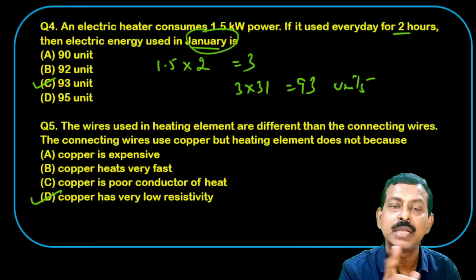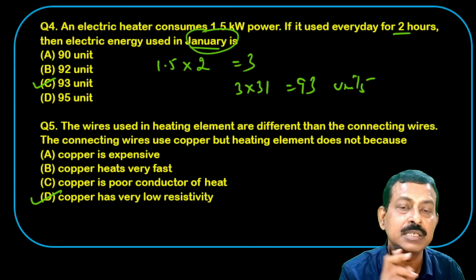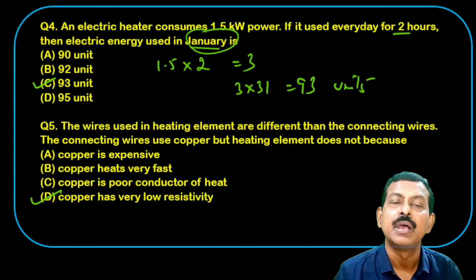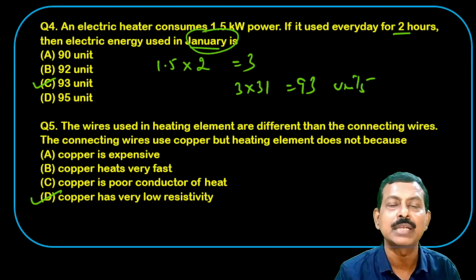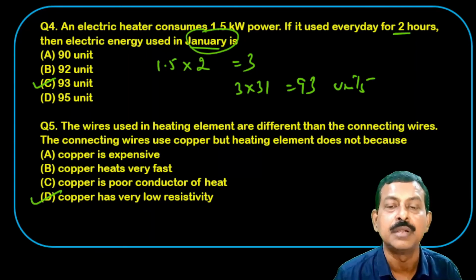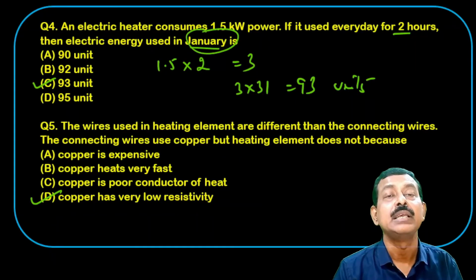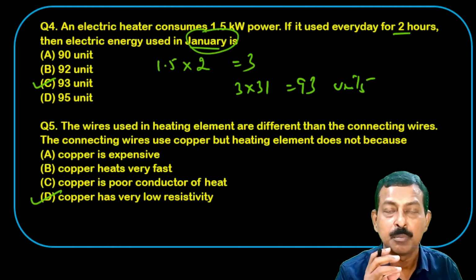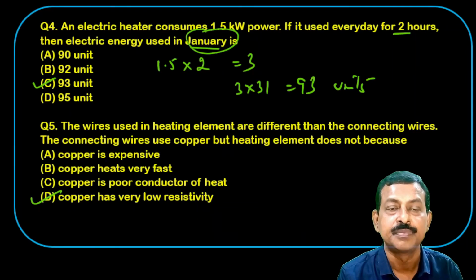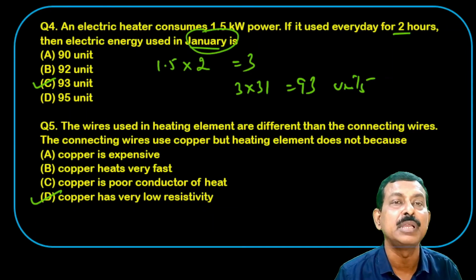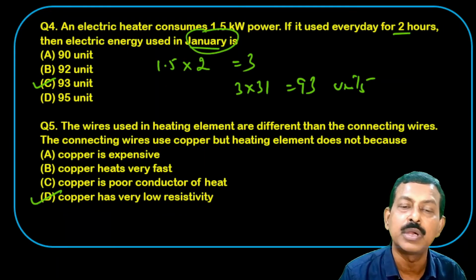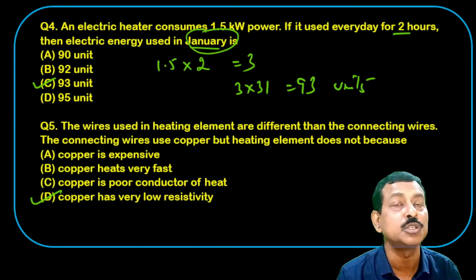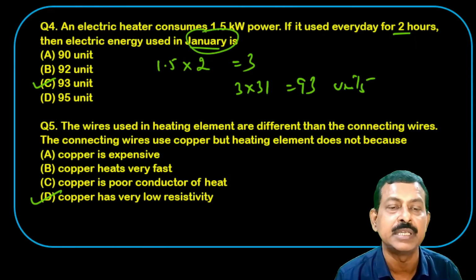Why it is not being used as the heating element? Obviously, the cost of heating element would definitely be more. But in fact, the main reason is that copper has low resistivity, because the heating element should produce a large amount of heat, and this will be possible if it has a very high resistivity. So copper has a very low value of resistivity. That is why it is not used as the heating element.